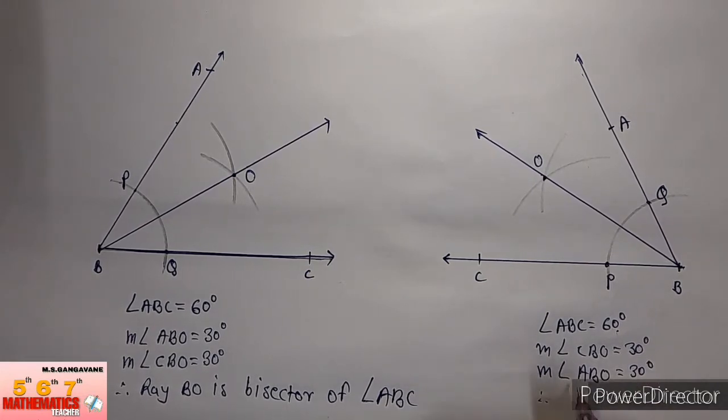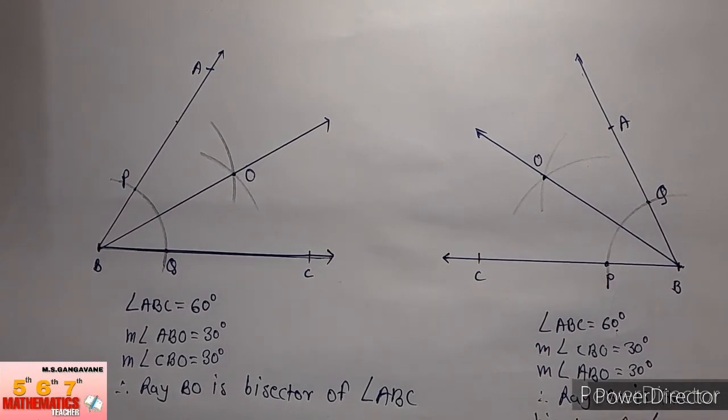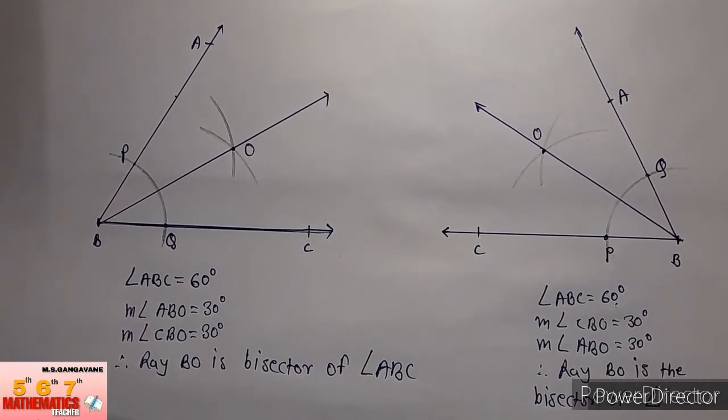Then ray BO is the bisector of angle ABC. Okay, do you understand? Very good.